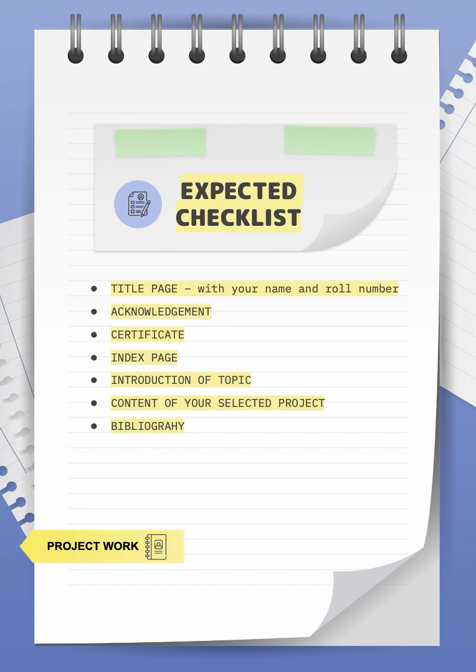And lastly, the bibliography, which includes the sources from where you have done your research. Make sure you write your name and roll number on the title page, and also the suggested number of pages for your project work is between 25 to 30 pages. Within that your project is almost completed, but even if you go beyond it, that's your wish, no problem in that.